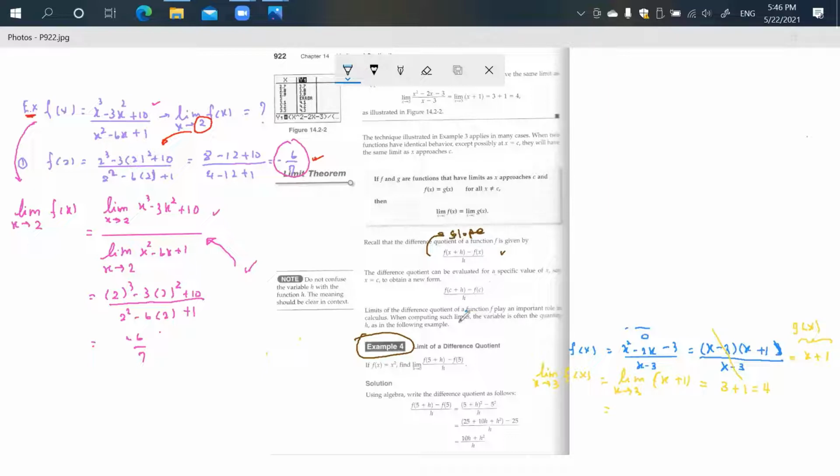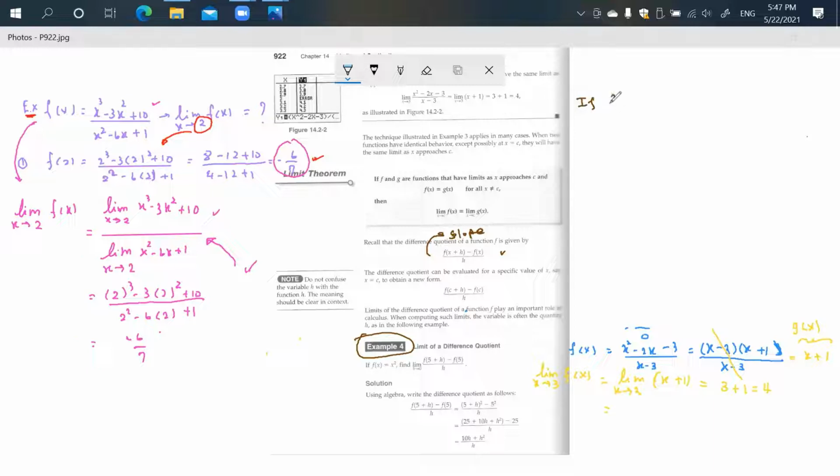So then we see an example here. Okay, these are similar, right? The question gives you f of x equal to x squared, find the limit of f of 5 plus h minus f of 5 over h when h approaches 0. So how to do it? I write it bigger here, because the bottom is too small.